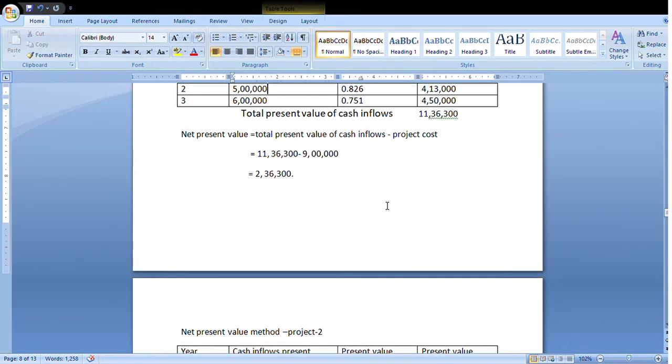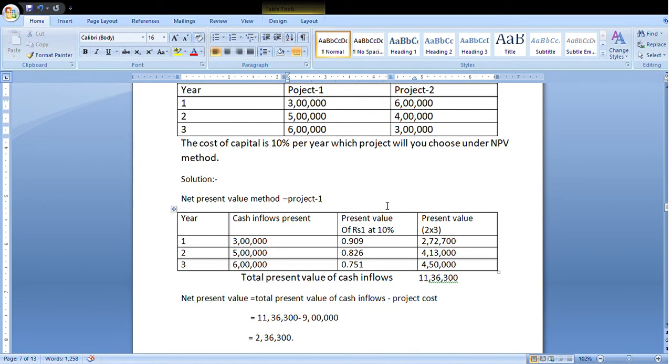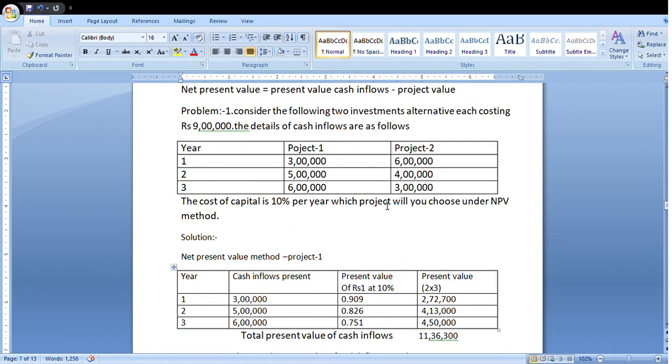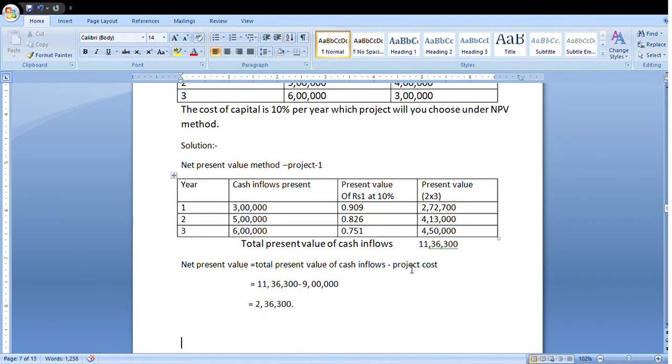So 11,01,100 minus 9 lakhs is equal to 2,36,300. It is the net present value. This problem is over.